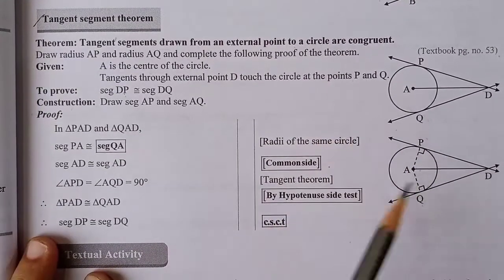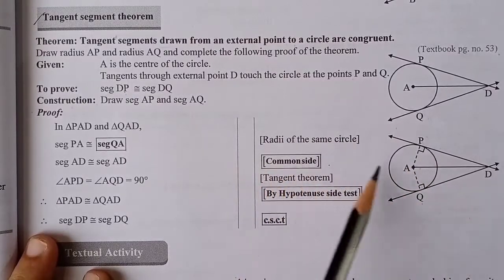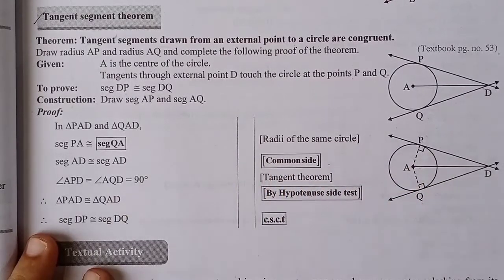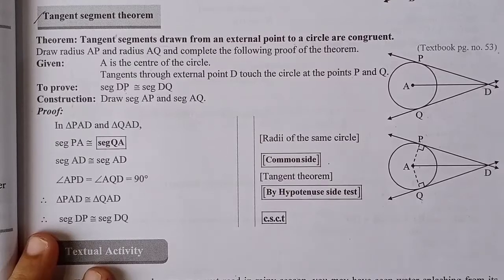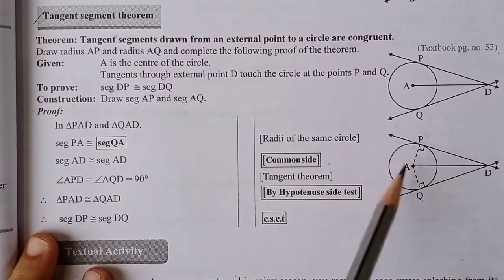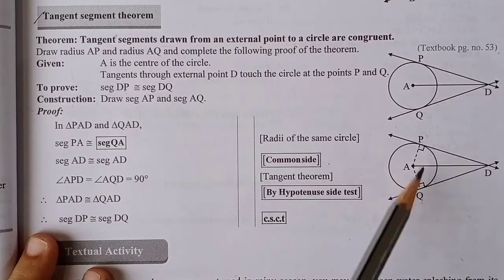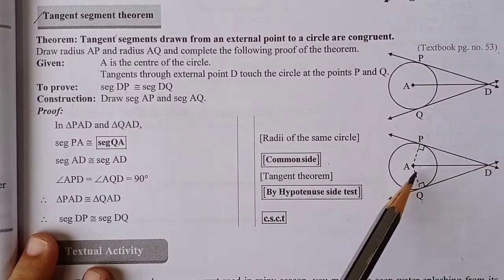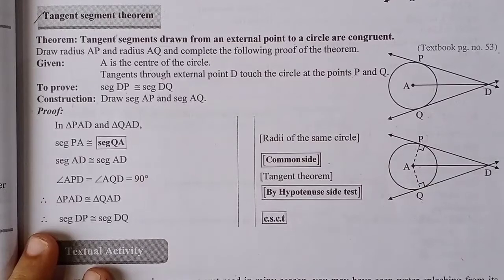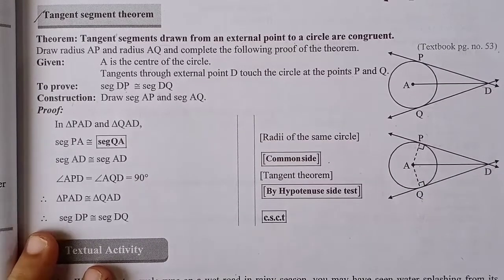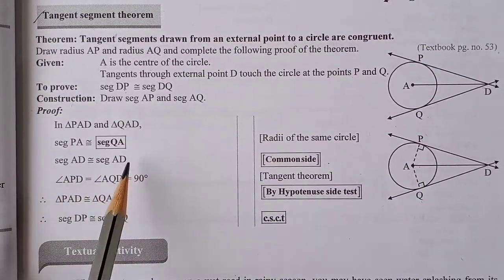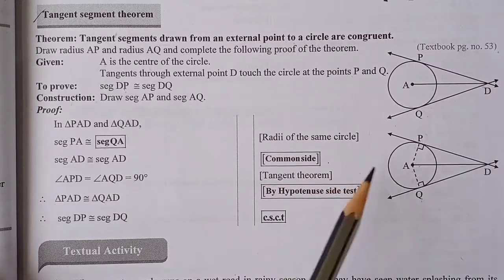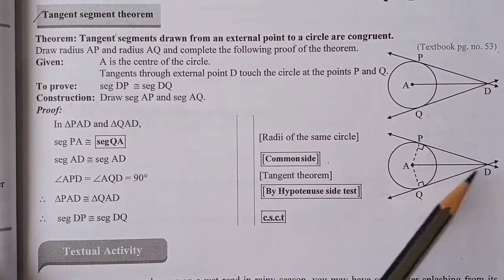Now in triangle PAD and triangle QAD, see these two triangles. Segment PA is congruent to segment QA because they are radii of the same circle. These AP and AQ are radii of the same circle. Yes or no? Segment AD is congruent to segment AD, common side.